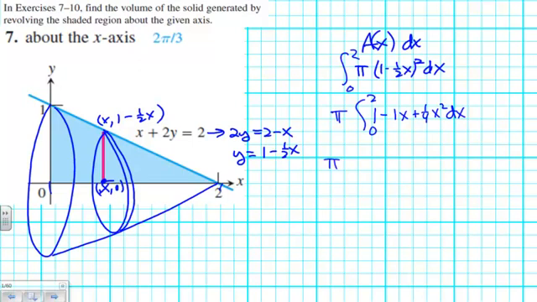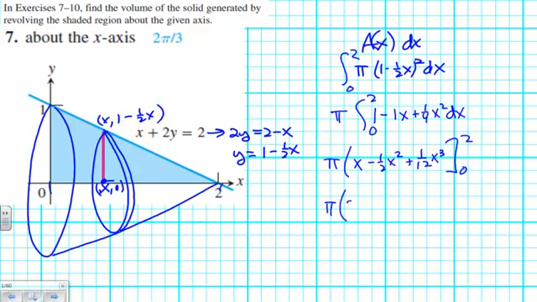And I antiderivatize: x minus 1/2 x squared plus 1/12 x cubed is evaluated from 0 to 2.